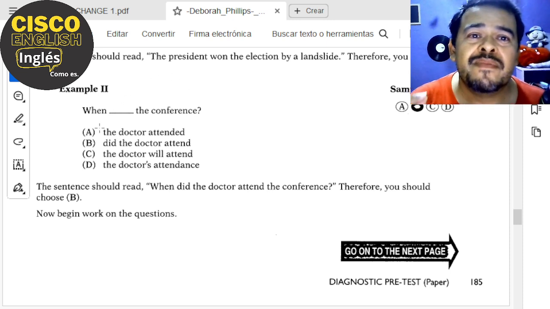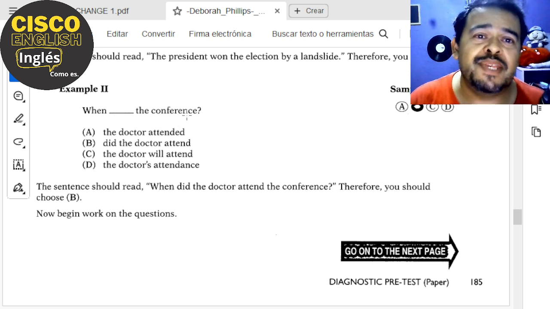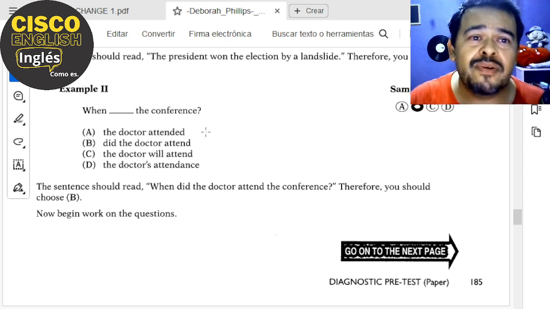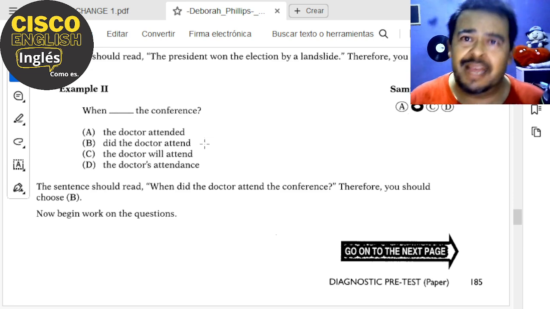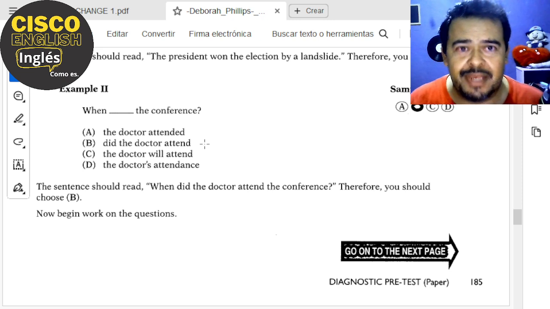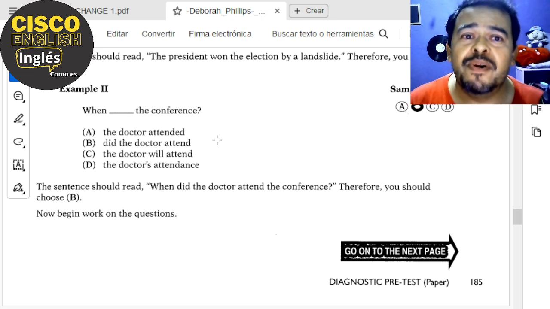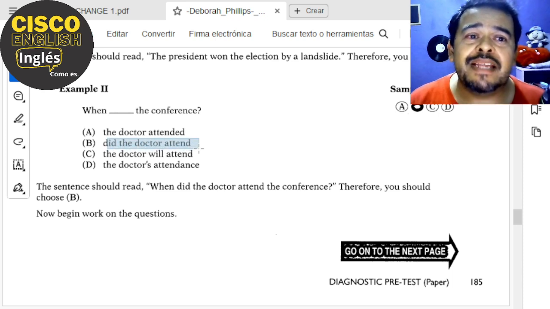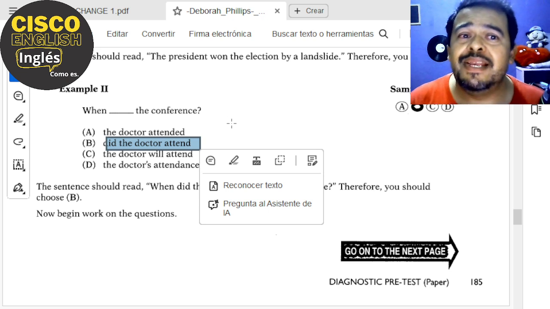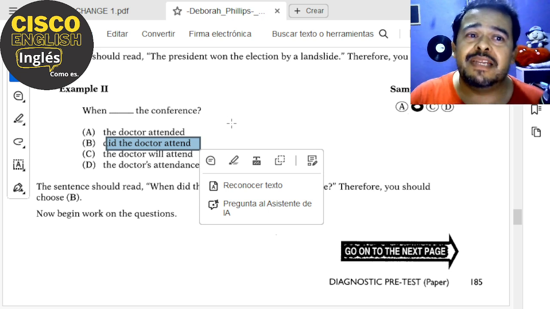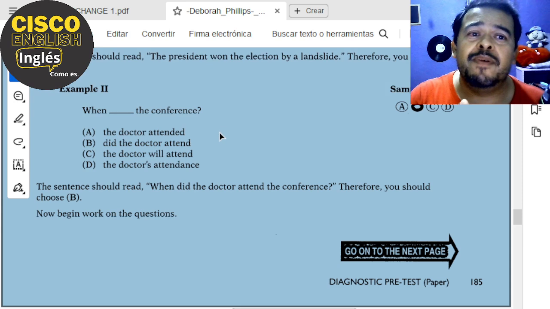So we say, the doctor attended. All right, if that is a question, it would sound like, when the doctor attended the conference. It doesn't sound like the right structure for the simple past. Let's jump to letter B. When did the doctor attend? Well, we have the right auxiliary, we have the subject, which is the doctor, and we have the verb in the base form.